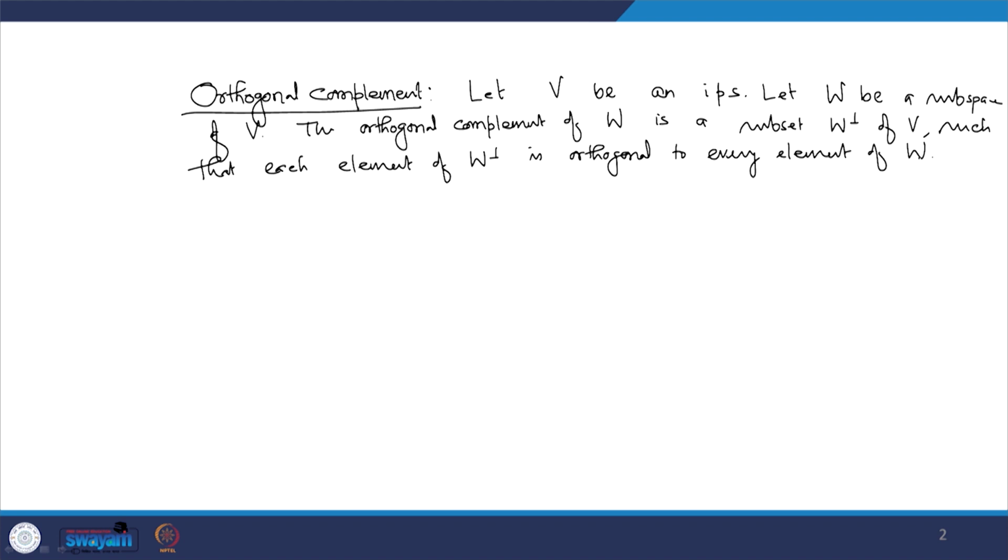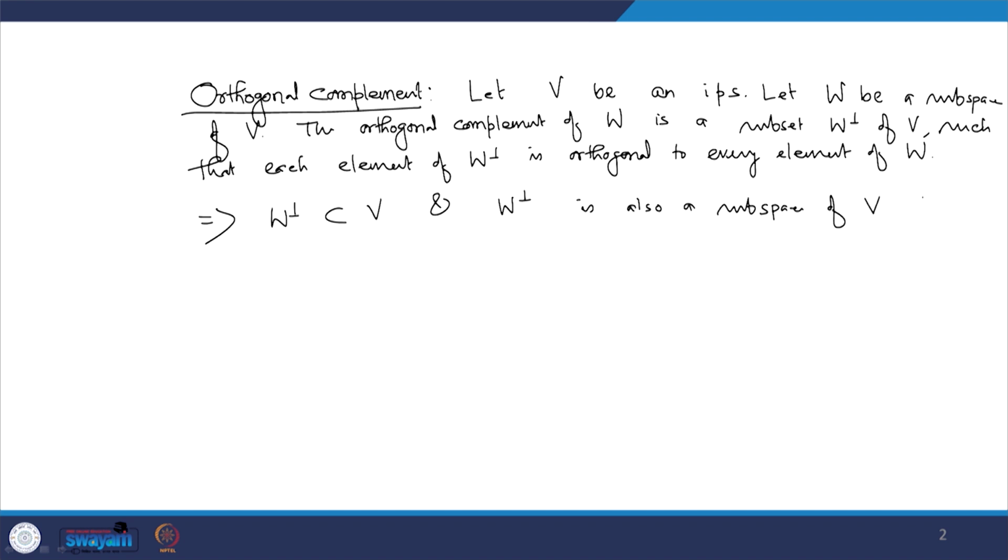So, this implies W complement, which is a subset of V, is also a subspace of V. So, W complement is a subspace of V, and this has to be proved.